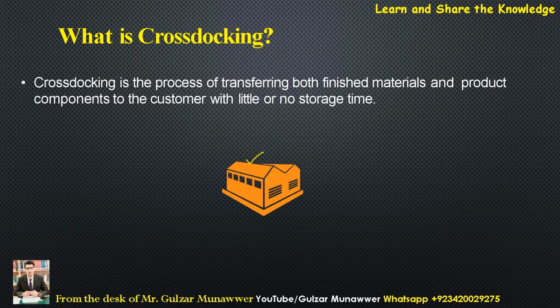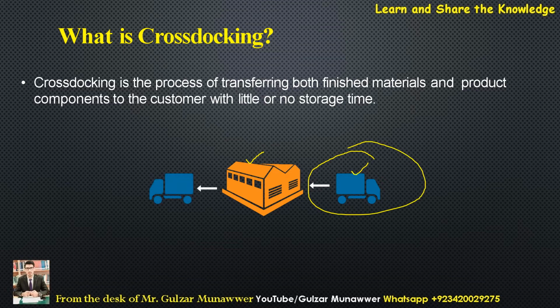You can see this dock is placed in the inbound area, and on the other hand, another dock is in the outbound area. In the inbound area, finished goods reach the cross-docking terminal, and after screening and sorting, they are delivered to the final customer through the outbound area. So that is what happens in cross-docking.